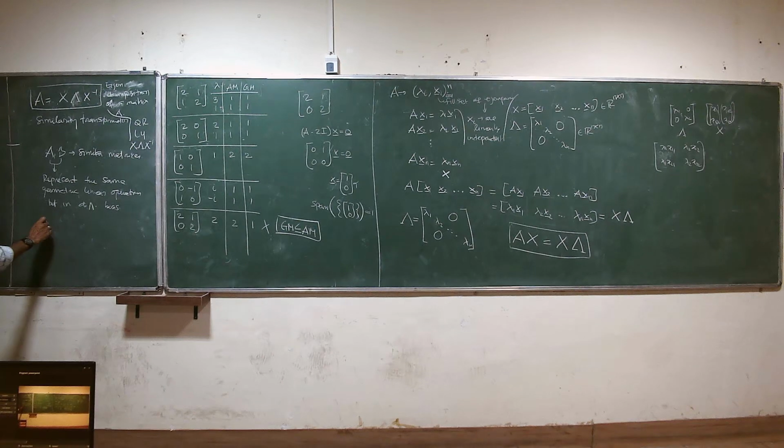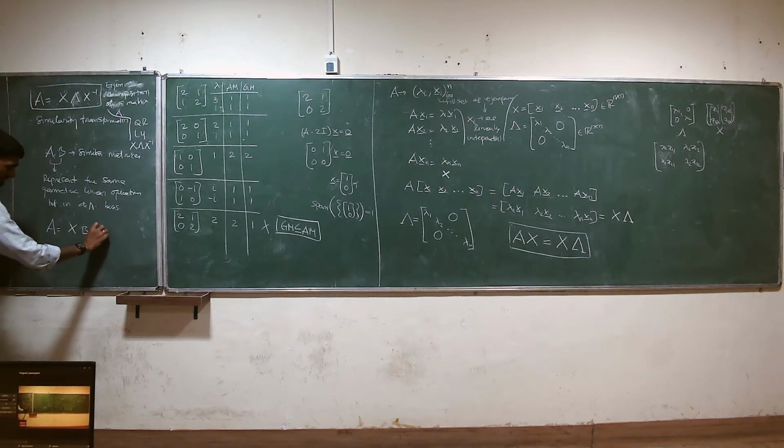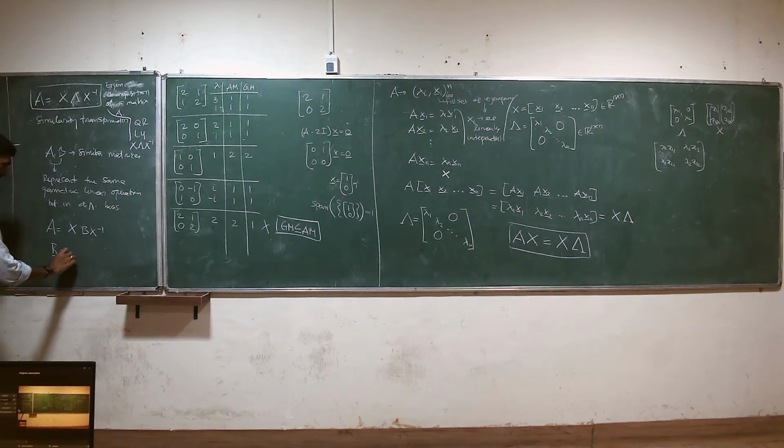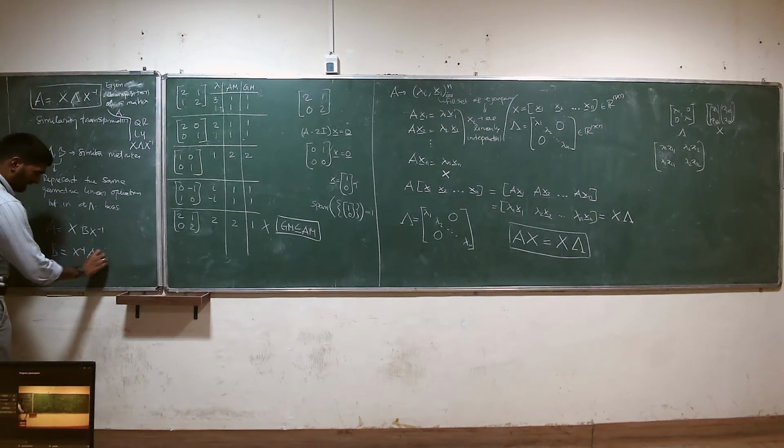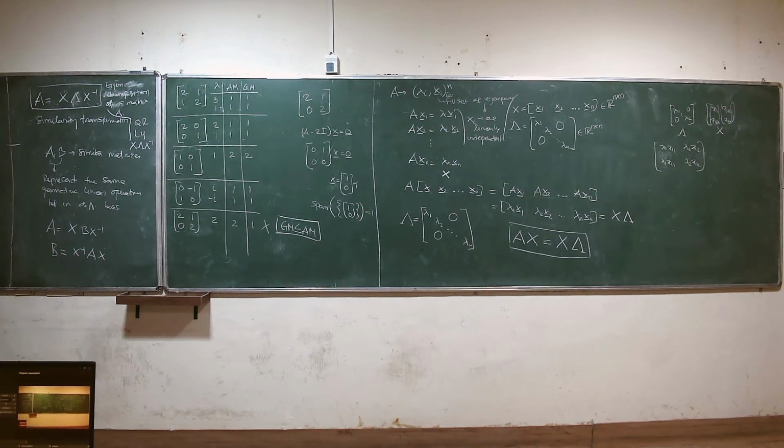And in fact, if that is the case, then A and B can be written like this, B is X inverse A X. Because I've written X inverse, these are invertible matrices, which they will be because X simply represents the basis in which B represents A.